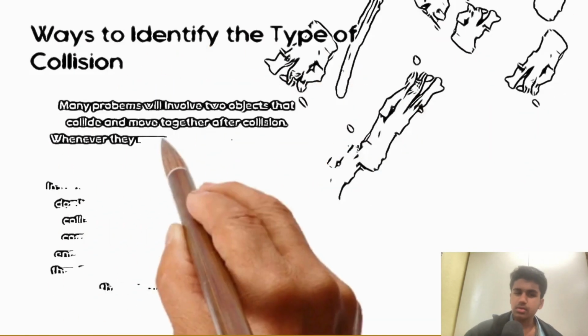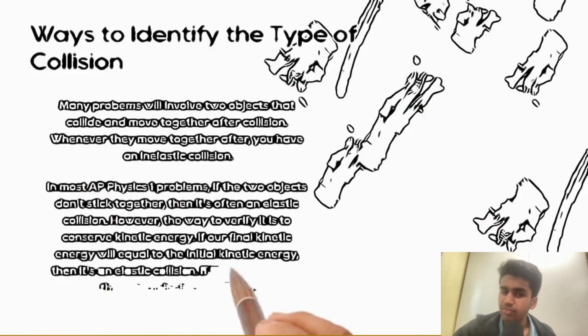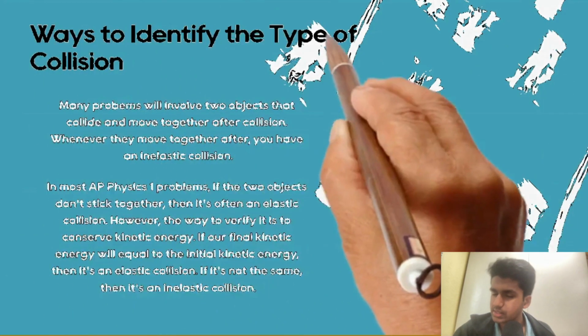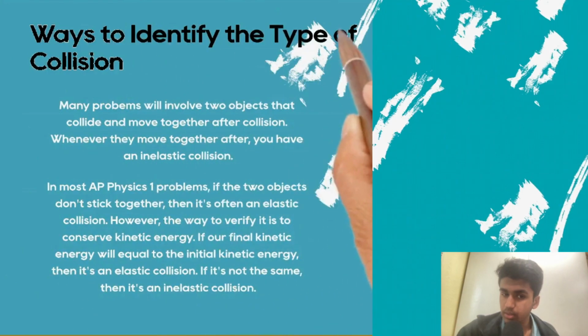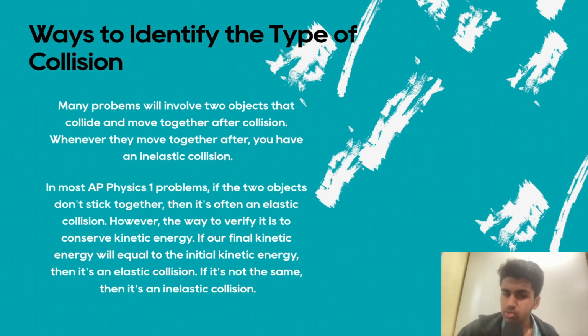Now, it's very important to be able to identify if a collision is elastic or inelastic if it's not given in the problem. Many problems will involve two objects that collide and move together after collision. Whenever they move together after collision, you have an inelastic collision.